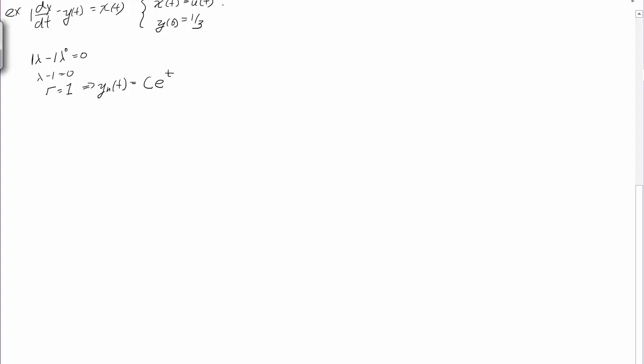Now, one thing that I may have glossed over is that I'm only interested in solving this for times greater than 0, right? I'm given an initial condition at time equals 0, and I'm given a forcing function that really only exists and is non-zero for positive time. So really the task here is to find the total solution for positive time.